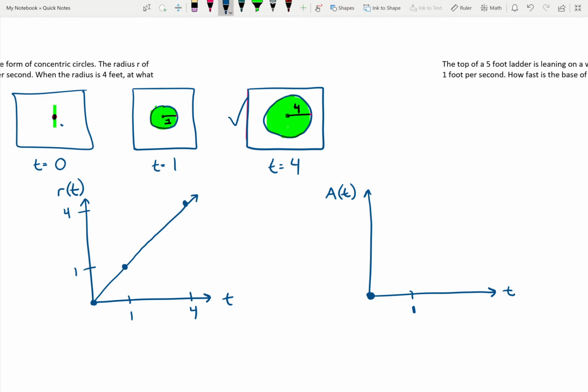Well, area equals pi r squared, but when t is 1, r of t is also 1. So when t is 1, r of t is also 1. It's just pi.